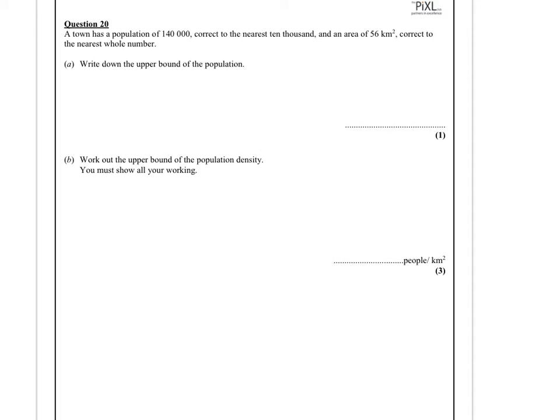Question 20. A town has a population of 140,000 correct to the nearest 10,000 and an area of 56 kilometres squared correct to the nearest whole number. It asks us to write down the upper bound of the population. So the population is 140,000 and that's rounded to the nearest 10,000.